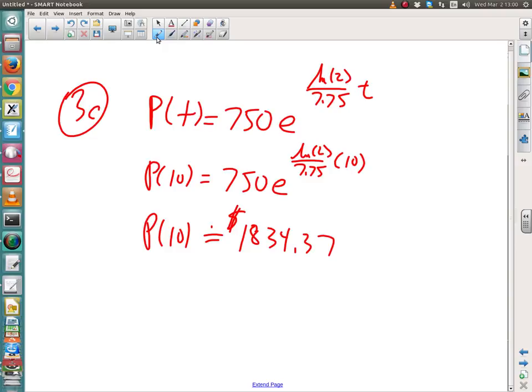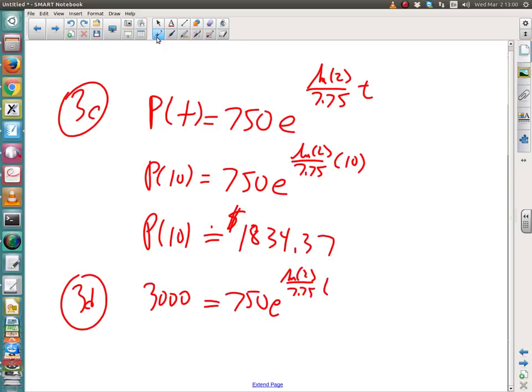All right, part D. When will the balance be $3,000? All right, so in other words, we're not plugging into T, we're plugging in for P. We want to solve for T when P is 3,000. So 3D, let P of T become 3,000 and solve this equation for T. And you could do this graphically, but it's not that hard to do algebraically.